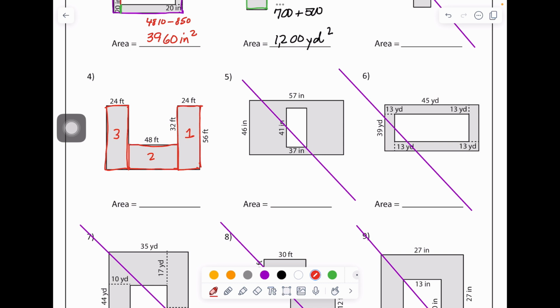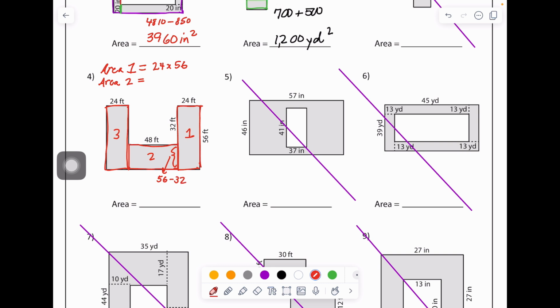If I can find the area of each and then add them together, that's going to give me my total area. So let's do the area of 1. For rectangle 1, you have 24 across and 56 going down. So it's 24 by 56. For the area of 2, that's this one here. What you notice is I've just got one measurement, the 48. I need to know this length. To figure that out, I look at my given numbers and subtract 56 minus 32.